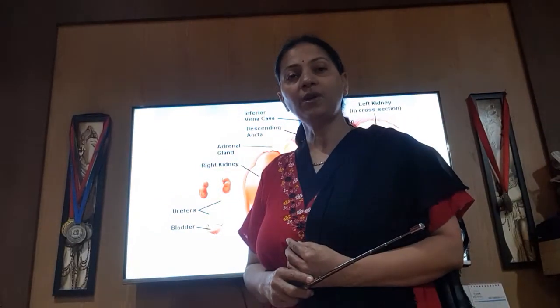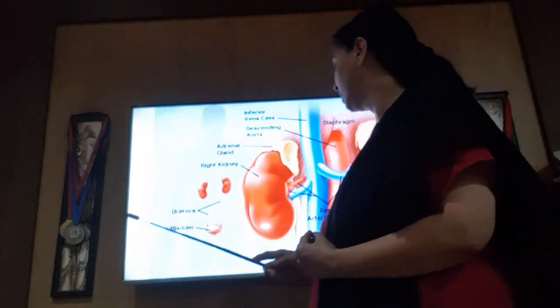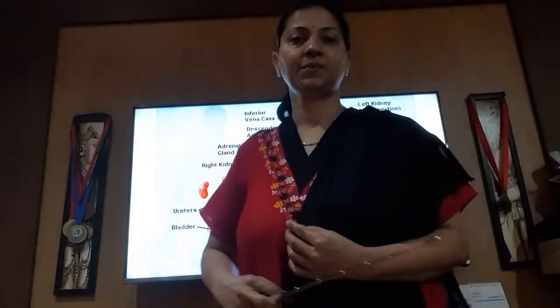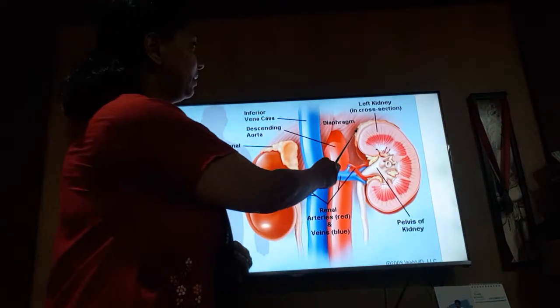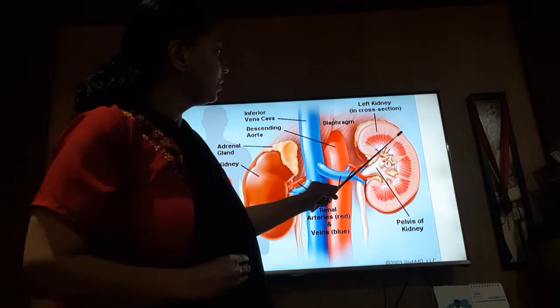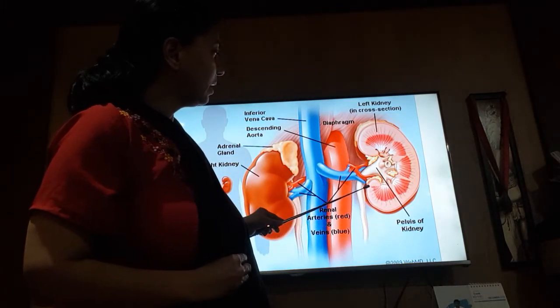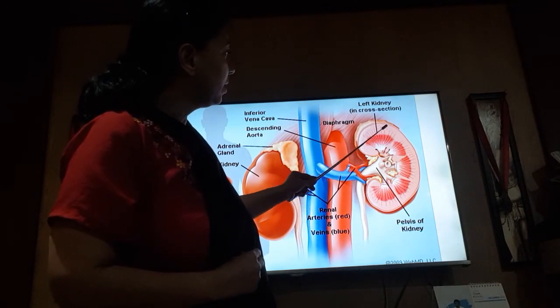Now, if we cut it in half, what do we see? See in this diagram. I will shift to this side. Okay? In this diagram, you can see this outer part. This is light in color. This is the cortex, renal cortex.